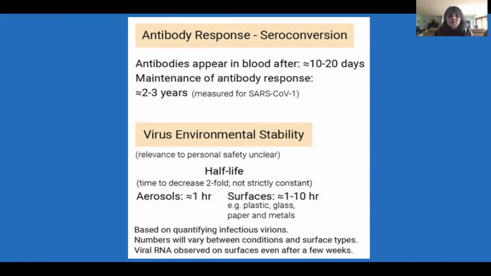In fact, the most recent studies have suggested that although you can find RNA as long as 10 hours afterwards on surfaces, it's not infectious virus. So you don't need to worry, when you go get your groceries, about not touching them for 10 hours before you unpack them or anything like that.